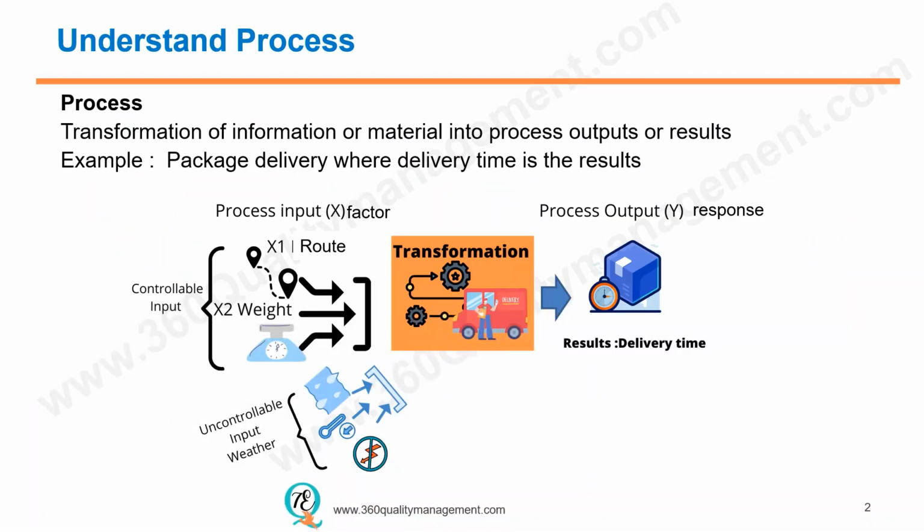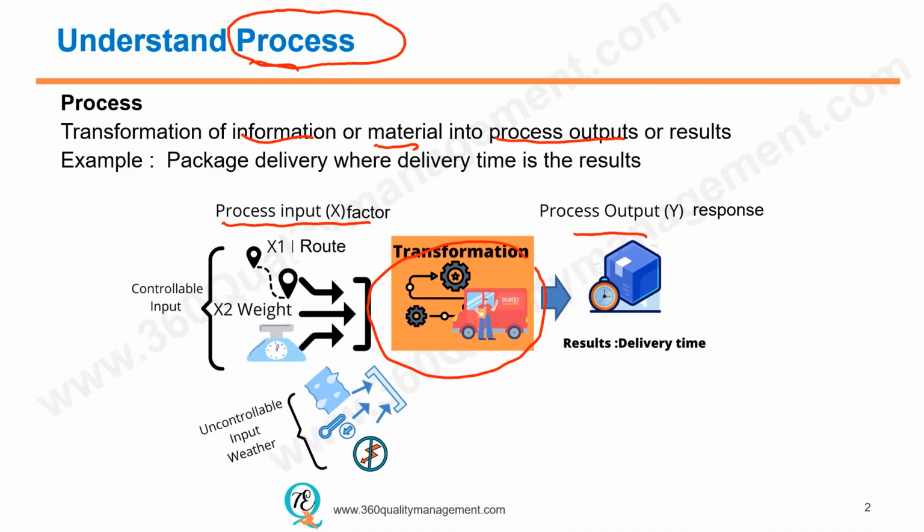The first step to understand design of experiment is that we will need to define what is a process. A process consists of a series of actions which transform process inputs such as information or materials into a process output, key metrics known also as response.